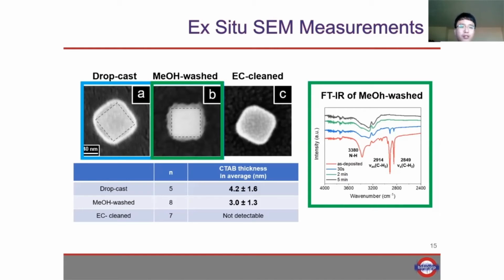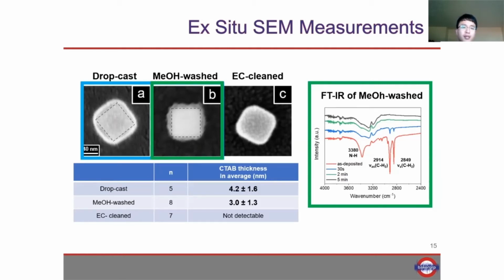So this learning suggests that CTAB ligand quantification with only FTIR might have been underestimated in previous studies, which could bring a false assessment for understanding the role of CTAB.